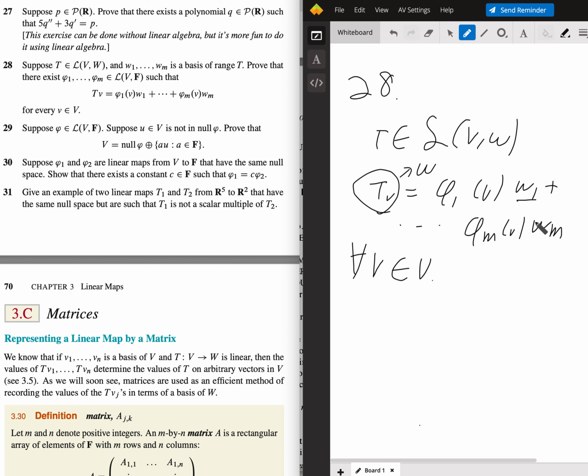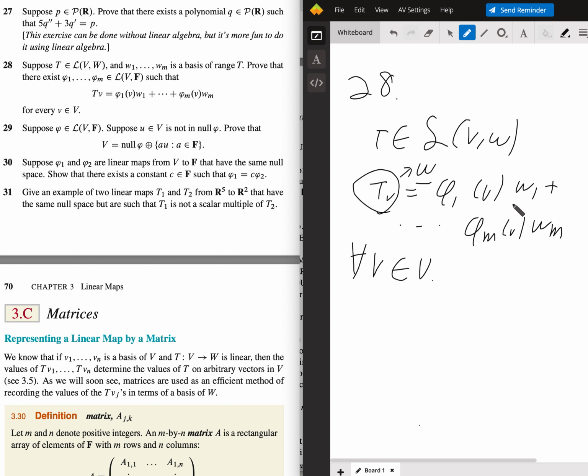Since W1 through Wn form a basis of the space that W is in, these are like control knobs that dial up and down which axis gets extended longer and which is shorter. So immediately you think, well, this should be possible, right?